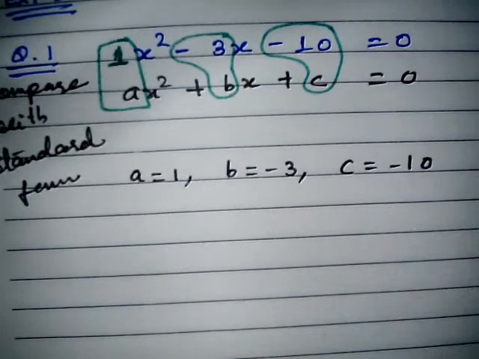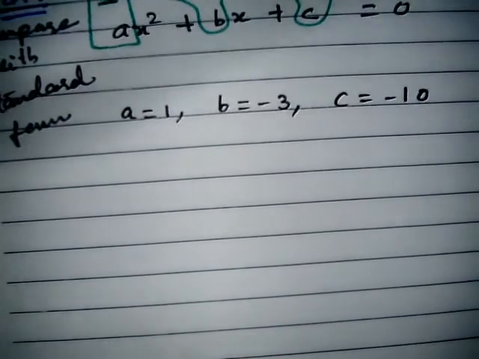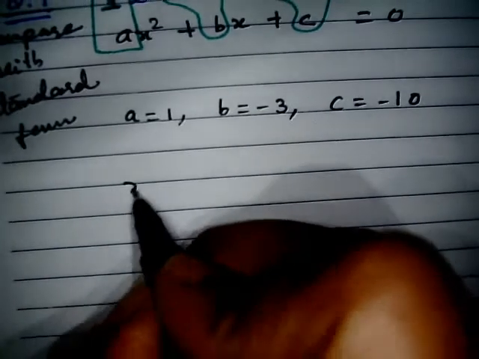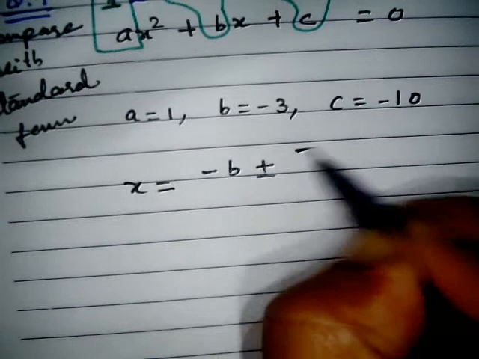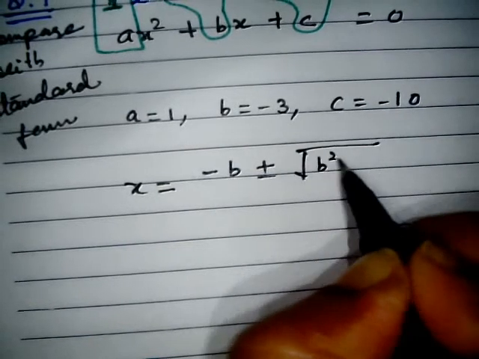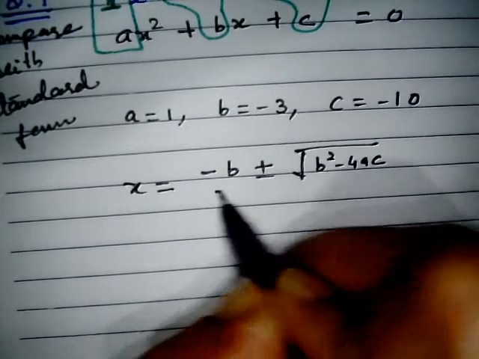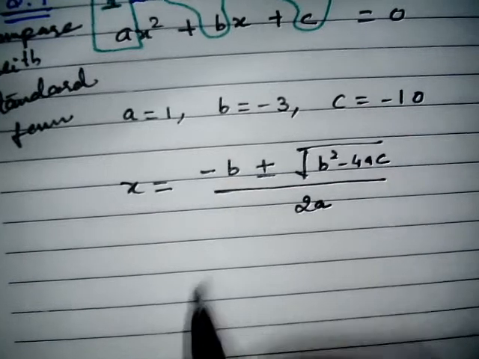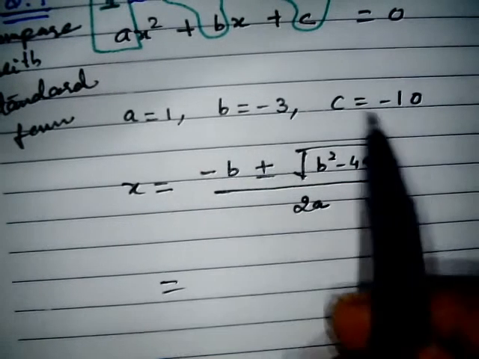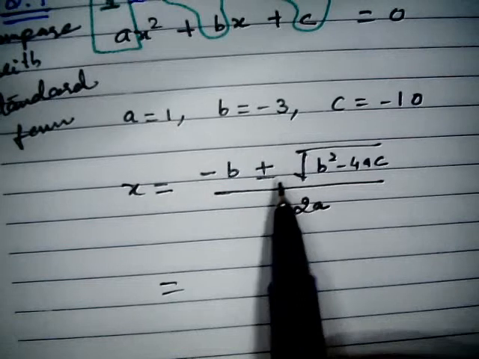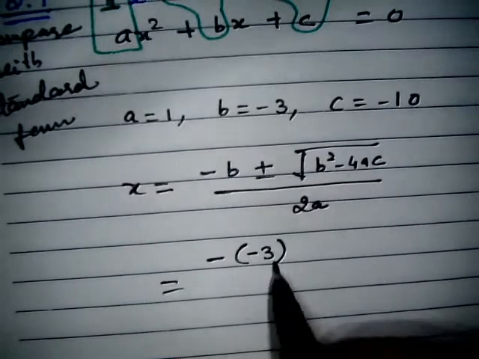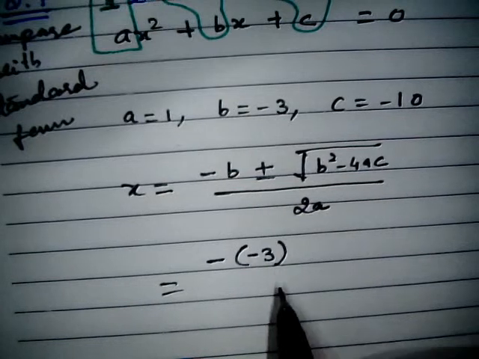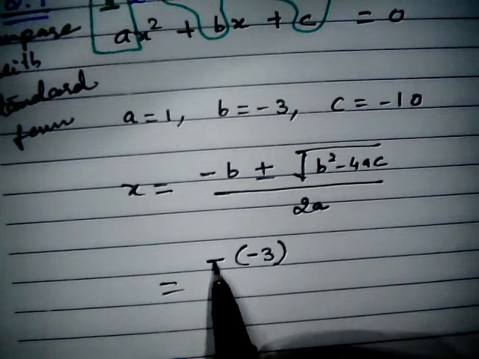Now I need to write the quadratic formula. This is -b plus minus square root of b square minus 4ac, over 2a. Okay, now I need to plug in these a, b, c values in this formula. So negative, and the b value is also negative, so I need to write it inside the parenthesis, because when the parenthesis gets opened, this negative times negative will become positive.